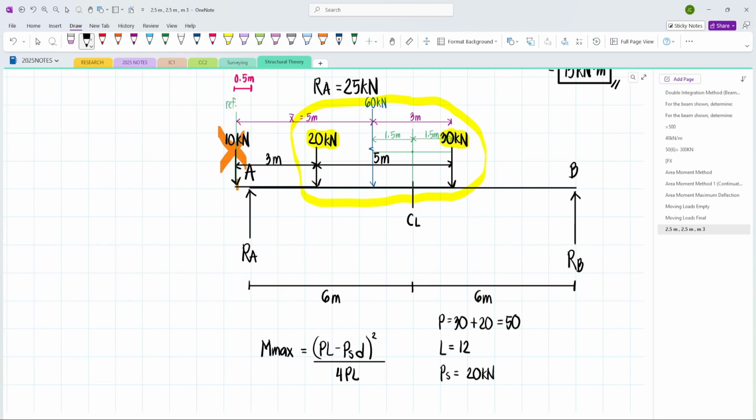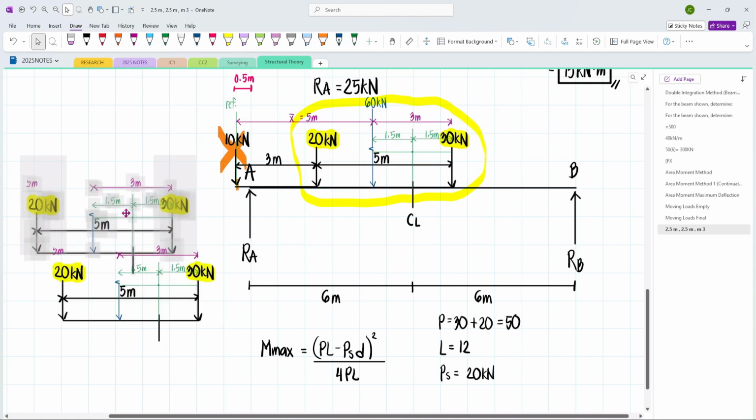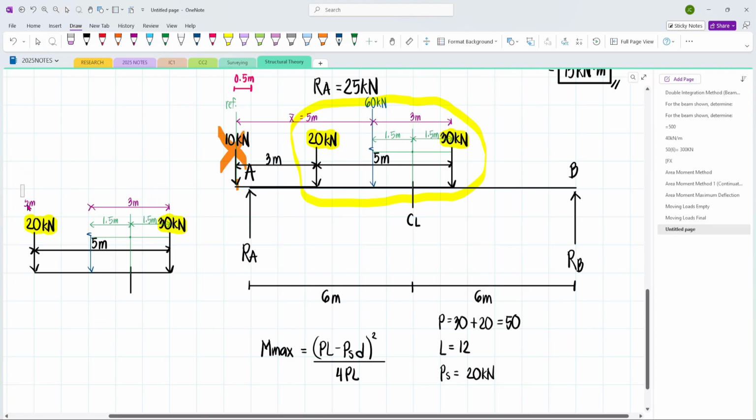You may also solve this manually using two moving loads. Just consider the 20 kN and 5 meters. You can reduce the problem into two moving loads, then if you want, you can calculate manually, but you will have to solve a new resultant location.